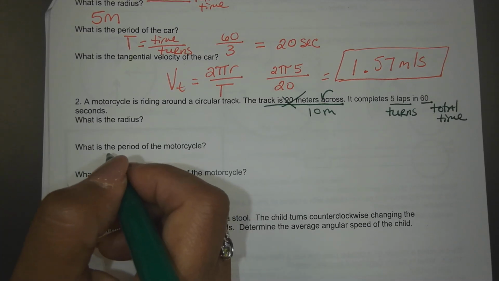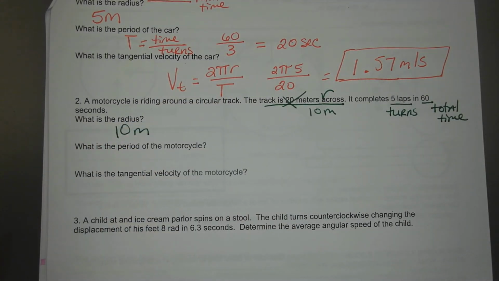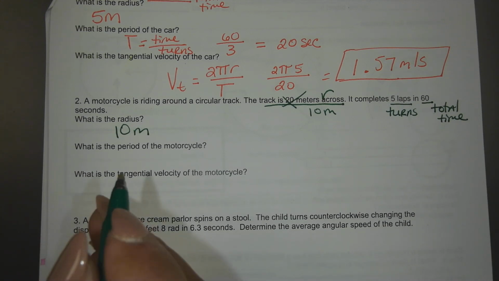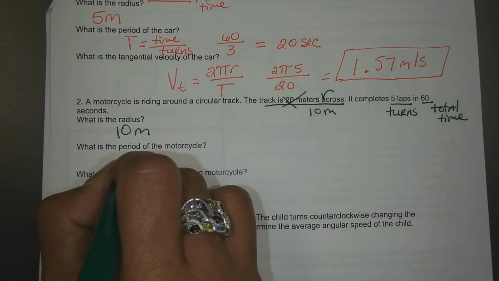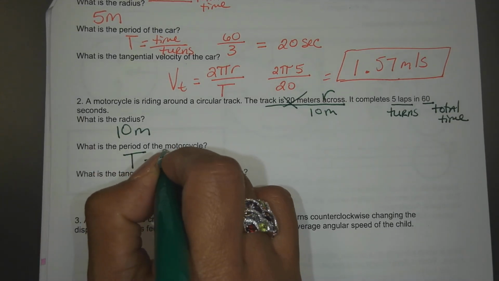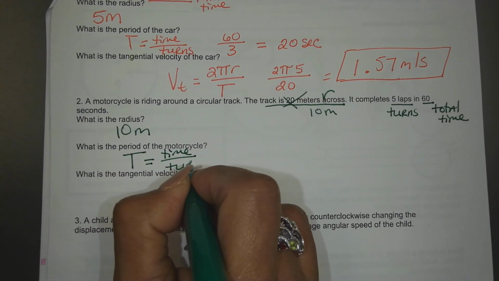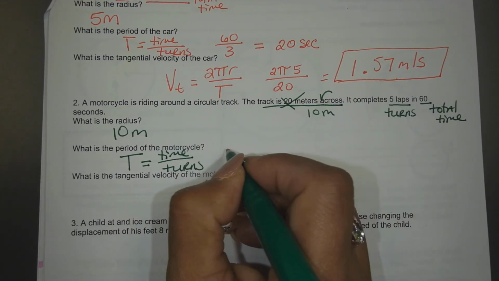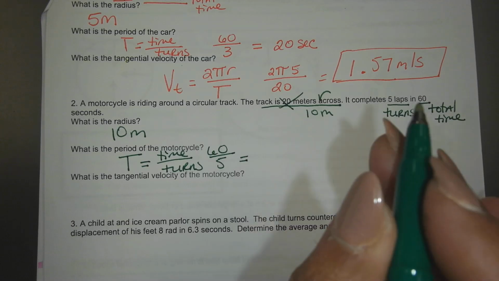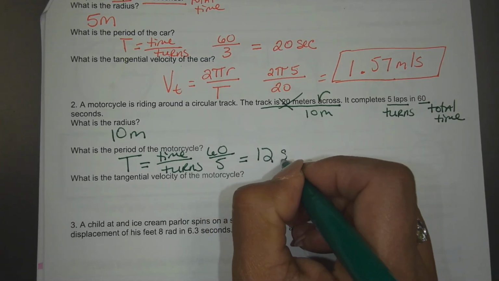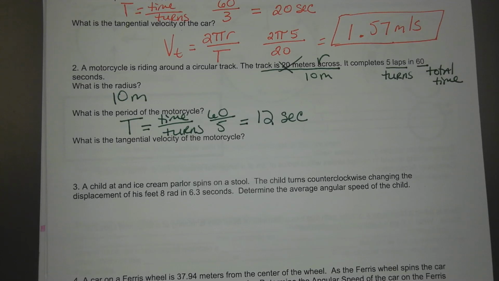The first question is, what's the radius, which is 10 meters? The period, which, yes, is 1 over f, but they did not give us frequency, so period would be the amount of time divided by turns, or 60 divided by 5, which comes out to, double check my math, 12 seconds. That should be the period.